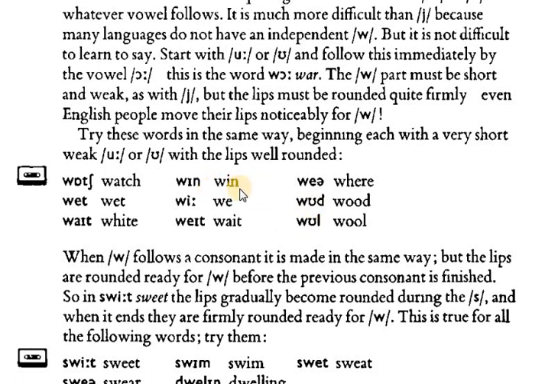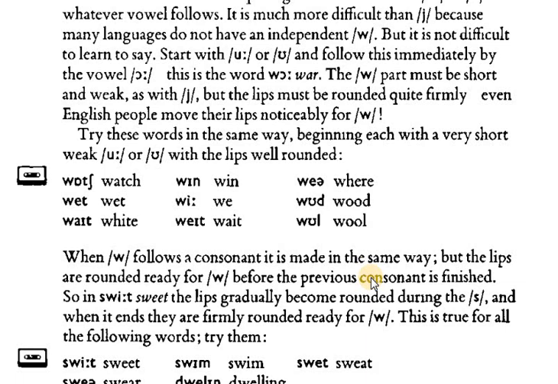All of these words have we in initial position. Now, when we follows a consonant, it is made in the same way, but the lips are rounded forward before the previous consonant is finished.